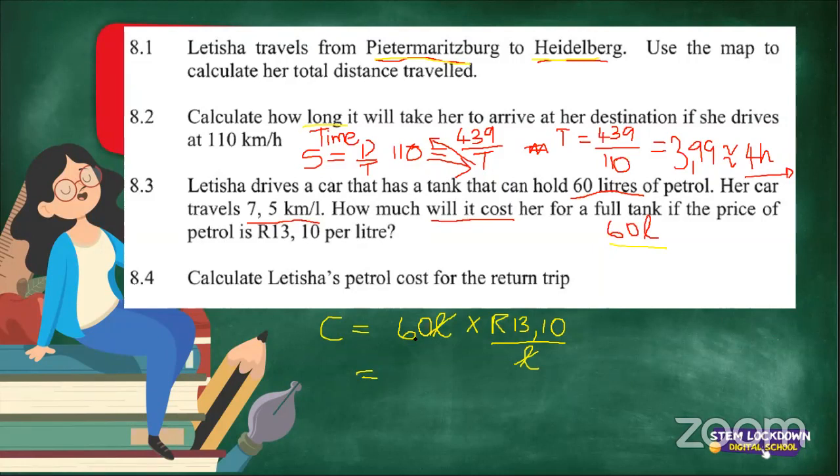So it will be 13 rand 10 cents times 60, and then your answer will be 786. Obviously, units are rands. So for the full tank, it will cost 786 rands. Okay, hopefully you guys understand that. Okay, well done.